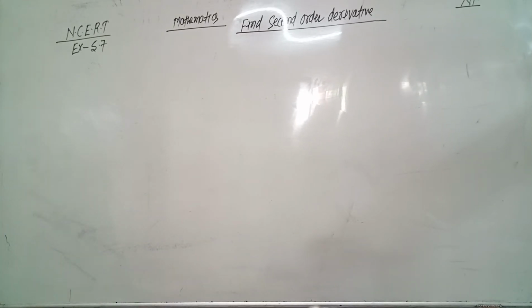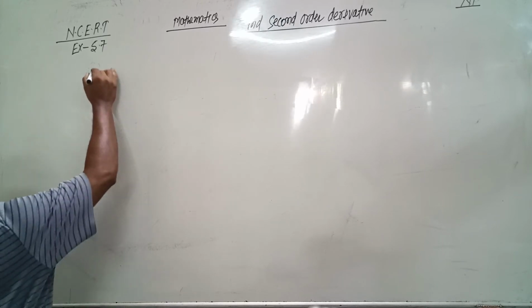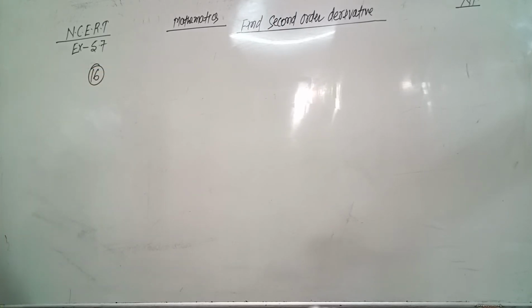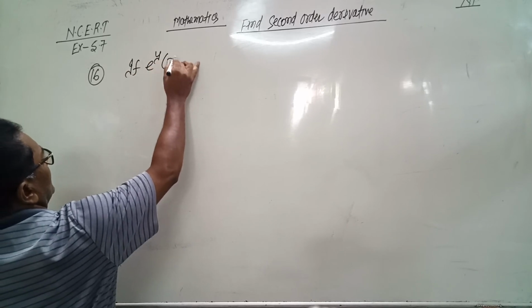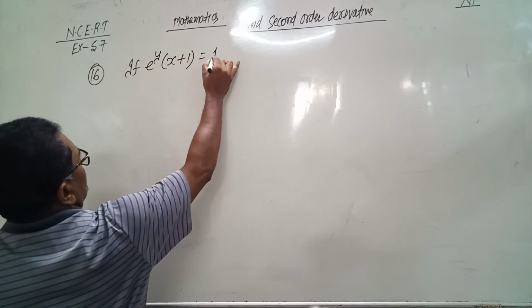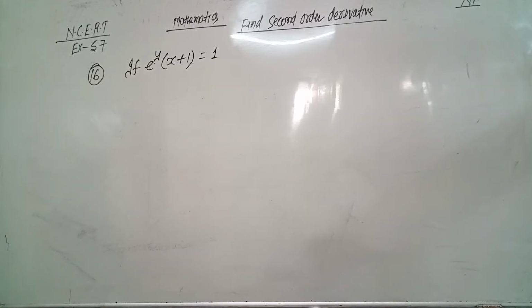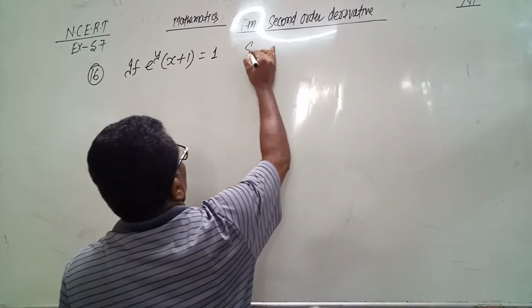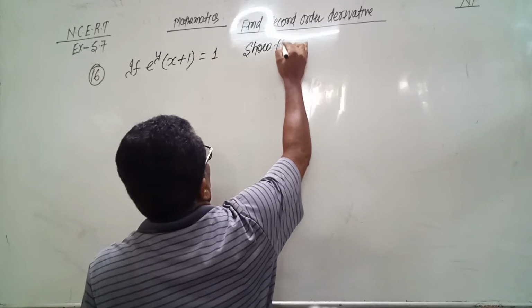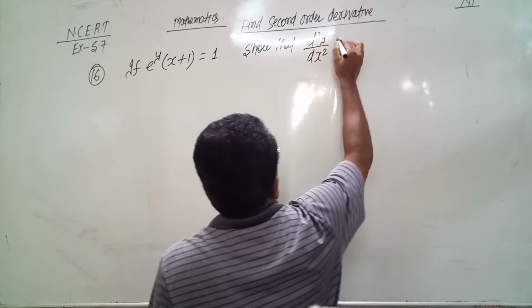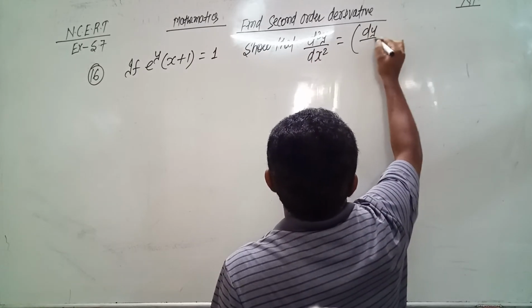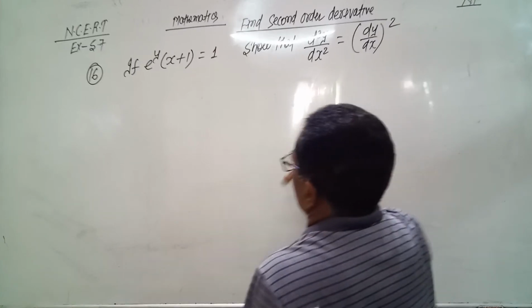Next question, question number 16. If e raised to the power y into x plus 1 is equal to 1, then show that d2y by dx square is equal to dy by dx whole square.